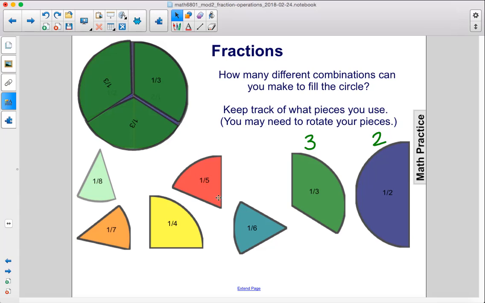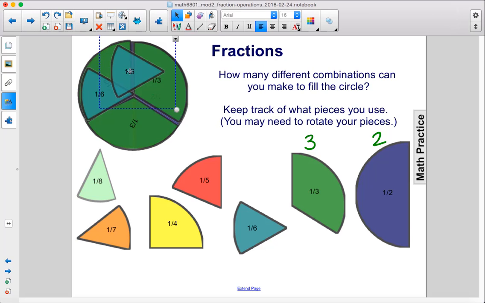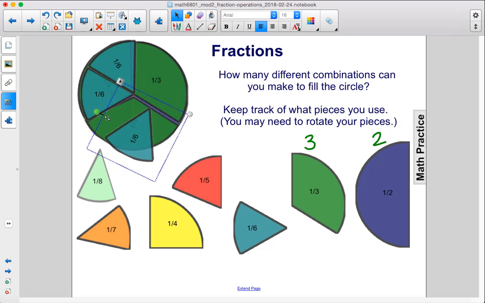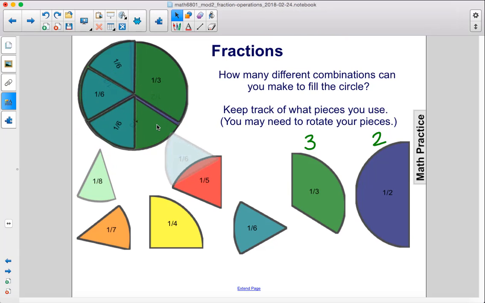Okay, we have 1/6 here. So let's do 1/6, another 1/6, so that makes 2. We have a third one. Here's a fourth one.